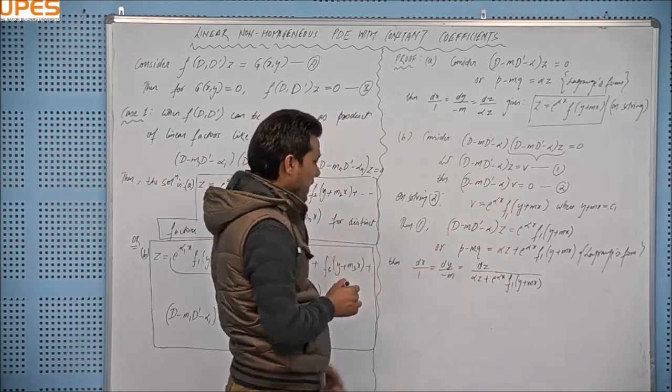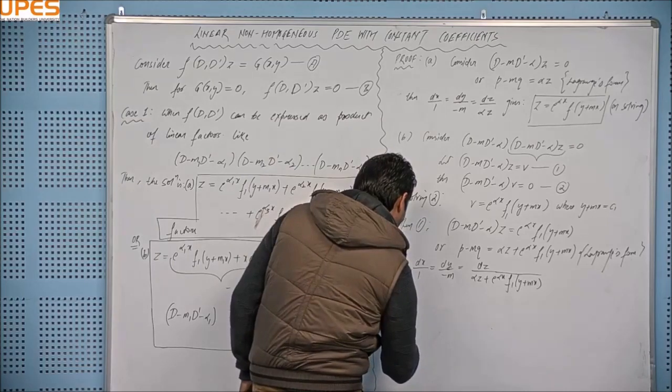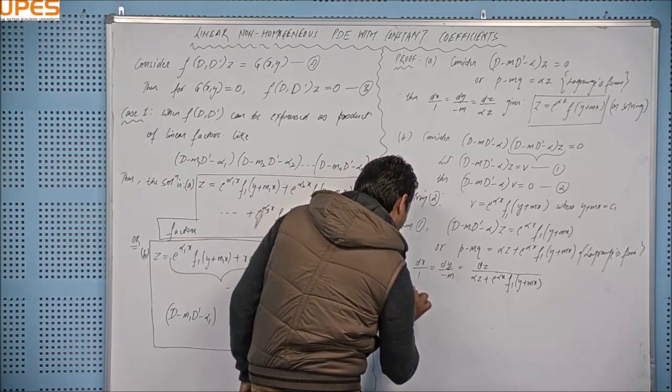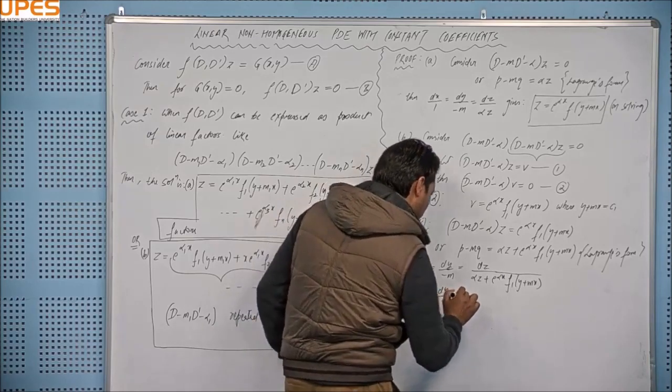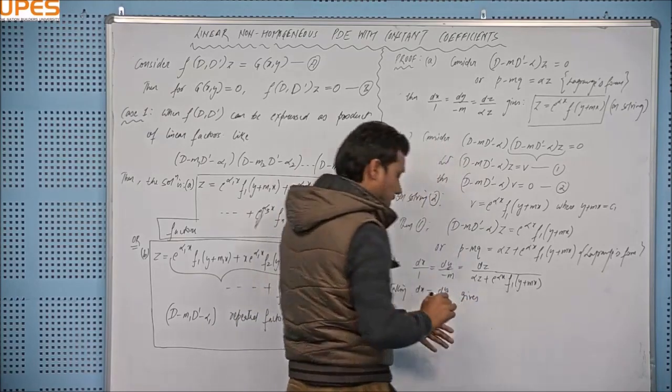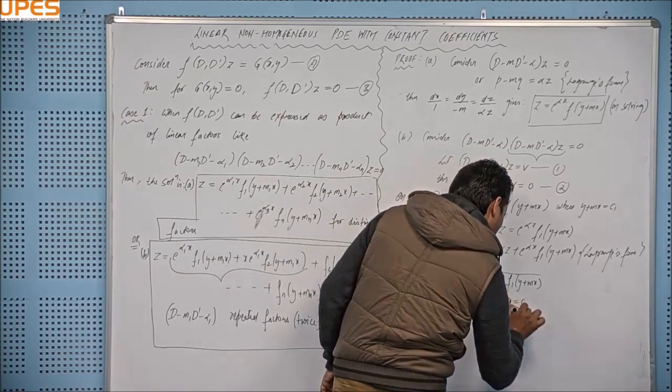Taking the first and second ratios, dx is equal to dy upon minus m gives, on integration obviously, y plus mx is equal to c1.